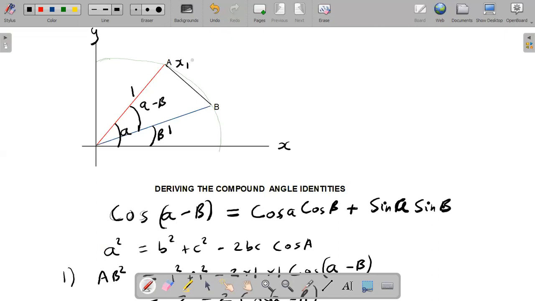Let's call this one x1, y1, and the other one x2, y2. The first thing we want to do is represent x1, y1 together with x2, y2 in terms of cos alpha and cos beta.